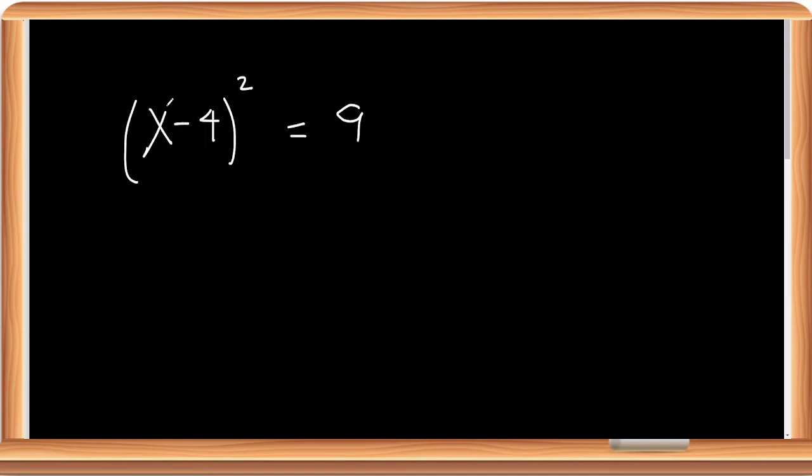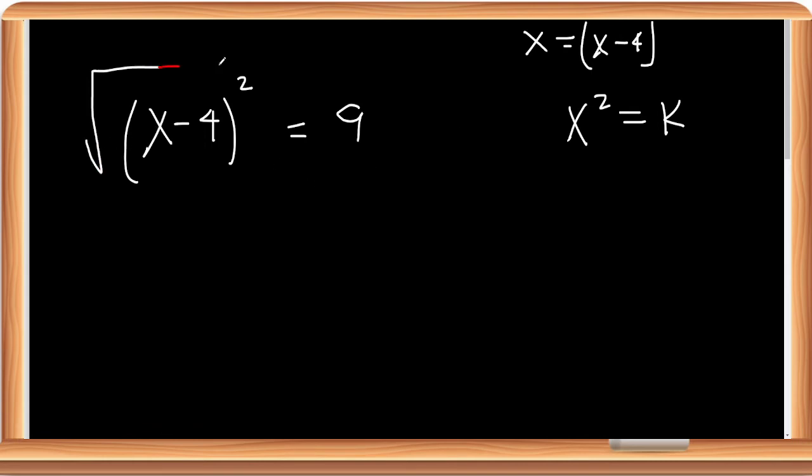This can symbolize, pwede mong sabihin let x be x minus 4. Yung x minus 4, yun yung pinaka-x mo. Kaya andun pa rin tayo in the form of x squared is equal to k. No? So, yung x mo dito, ang pinaka-x mo is x minus 4. So, we can have now, extract the square root.